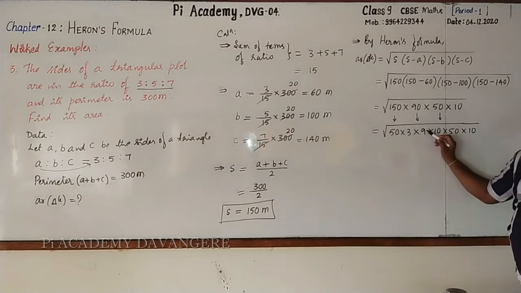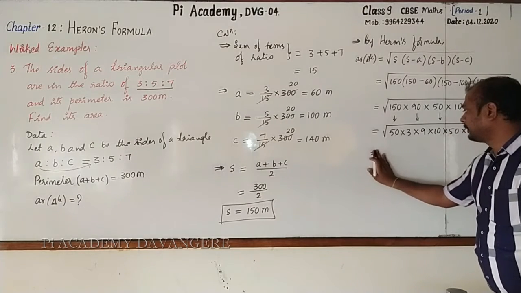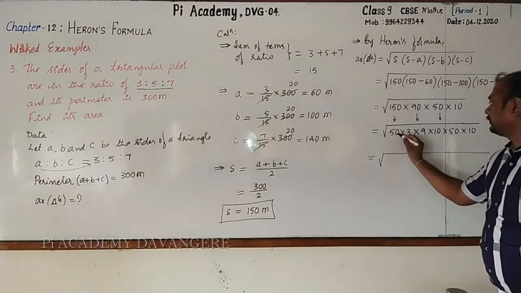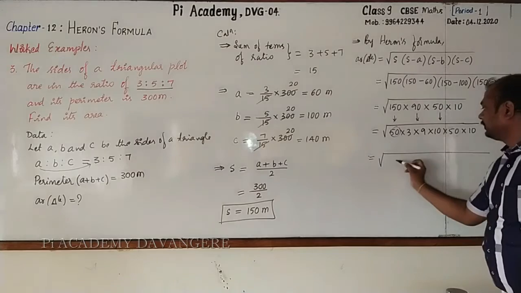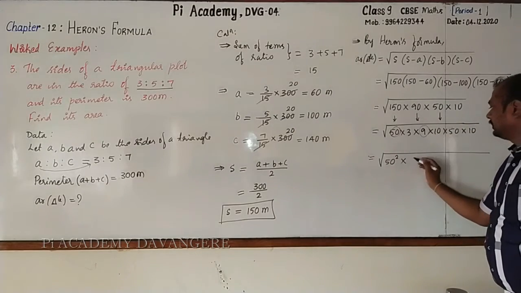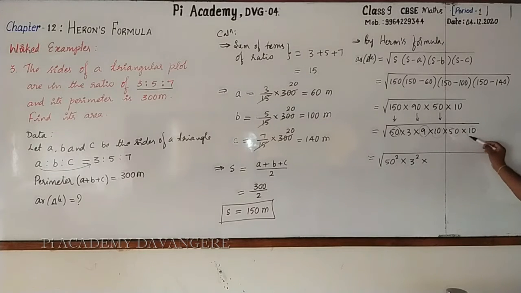Whereas 9 is the square of 3. This is equal to 50 square into 3 square, and 10 square, whereas the remaining 3 you may write as it is.